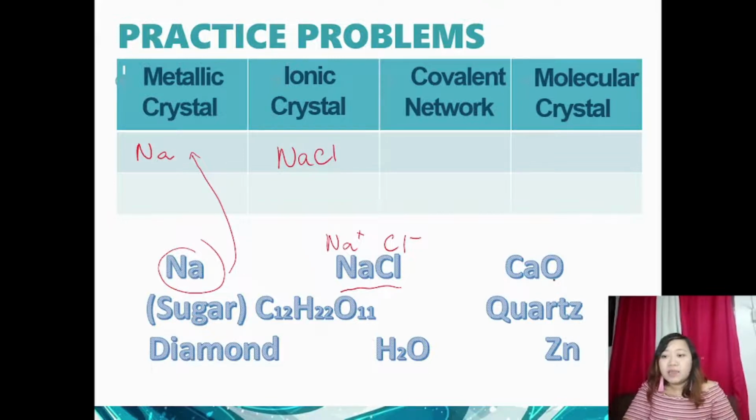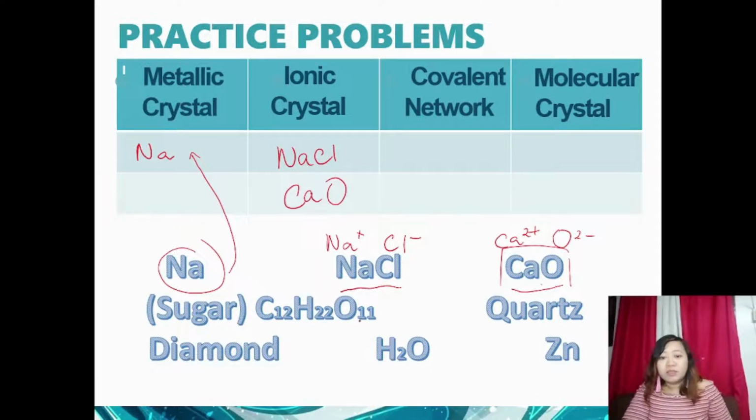Next, we have calcium oxide. What are the components? We have calcium ion and then oxide ion. Again, these are two oppositely charged particles. Calcium oxide is an ionic compound, therefore I will classify it as an ionic crystal.